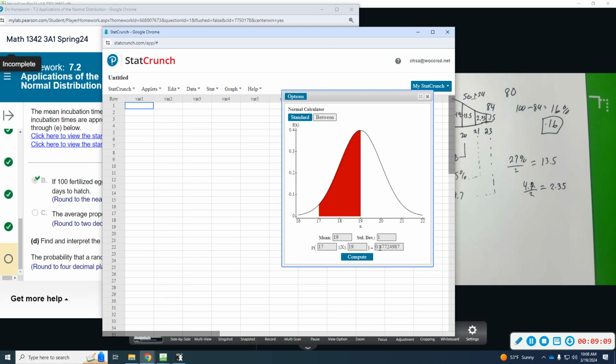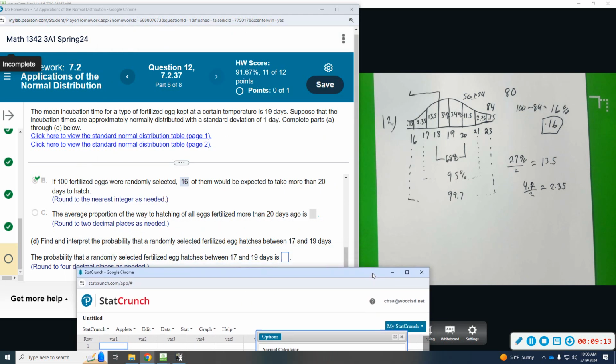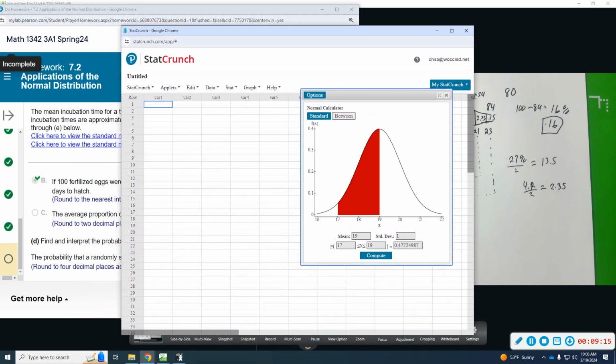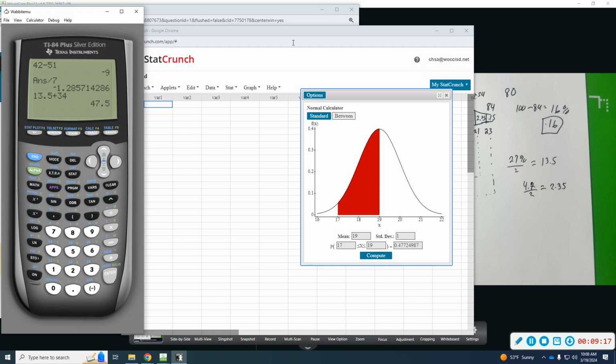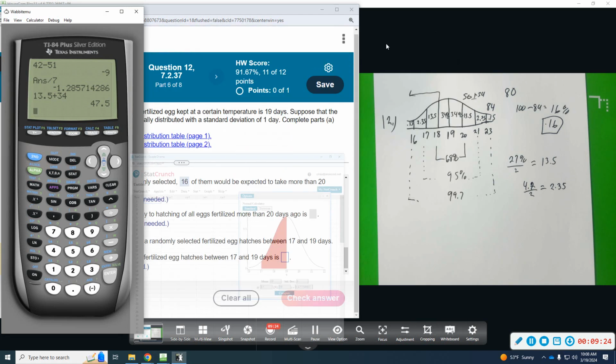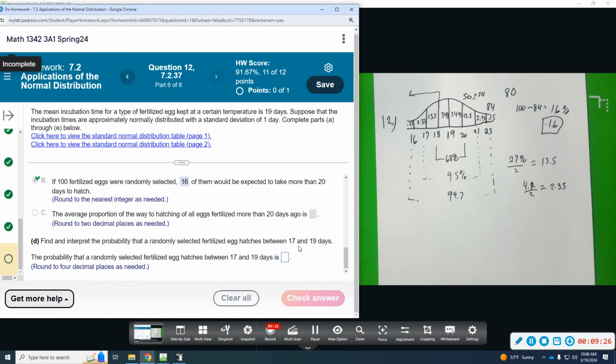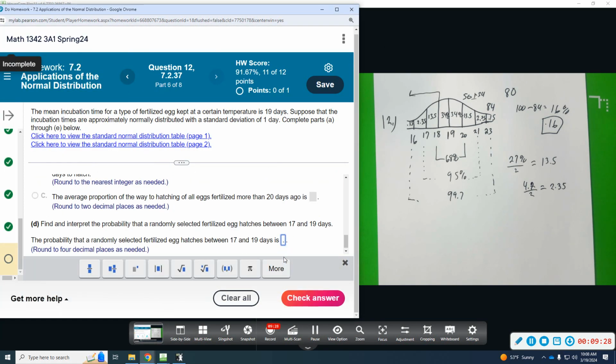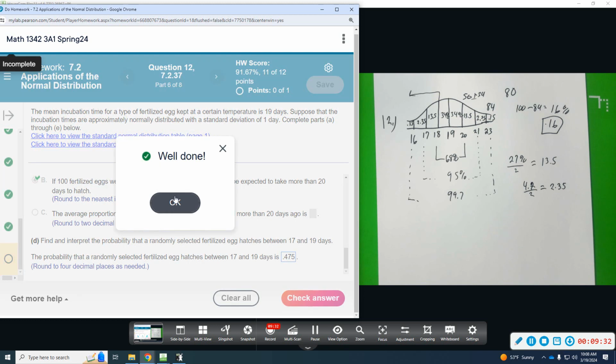So it gives us 0.4772, and we are rounding to, what do we get with the calculator? 47.5, or 0.475 when I put it all in decimal. Either one of those is fine. I like the empirical rule, so I'm going to put the 0.475. If you remember that, it takes both.